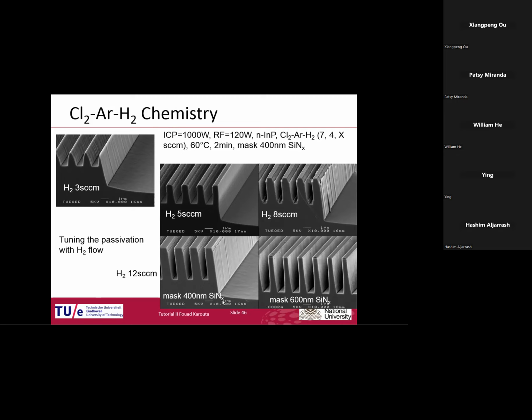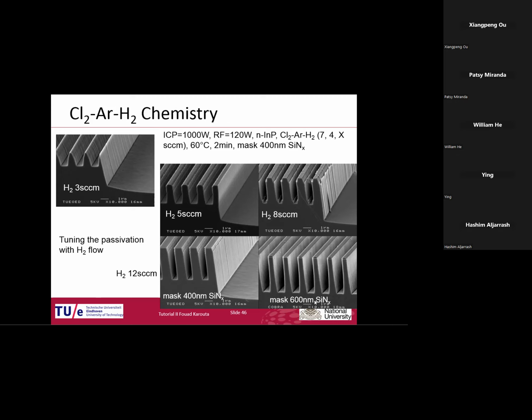So here, on these things, we were using 12 SCCM hydrogen, but you see there is still some erosion here, and that was due to the erosion of the mask itself. Here we were using 400 nanometer of silicon nitride as a mask in all this experiment.